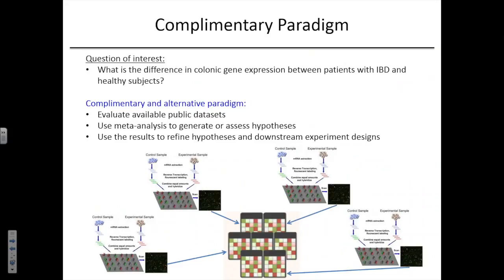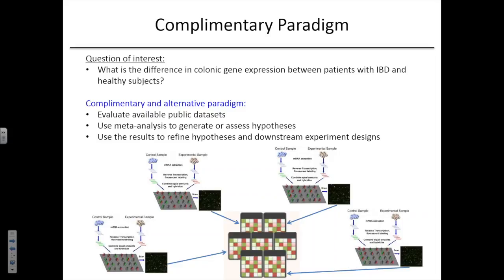So, a complementary paradigm that's been mainly practiced by computational biologists, for example, Epitope, back in the days at Stanford, and also my friend and colleague Pravesh Gottlieb. They would not typically generate any data in their lab, and they would be going into public databases and start asking, can I extract all the existing data sets on IBD?